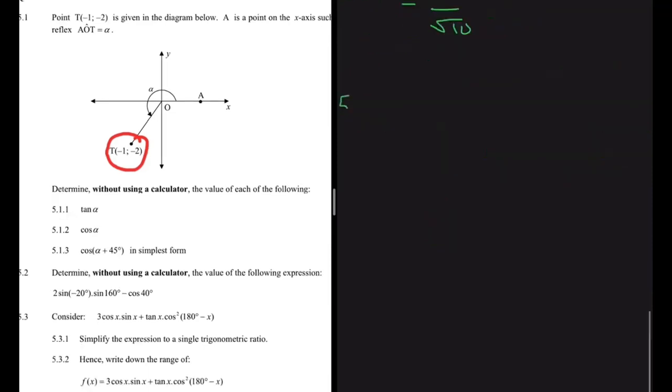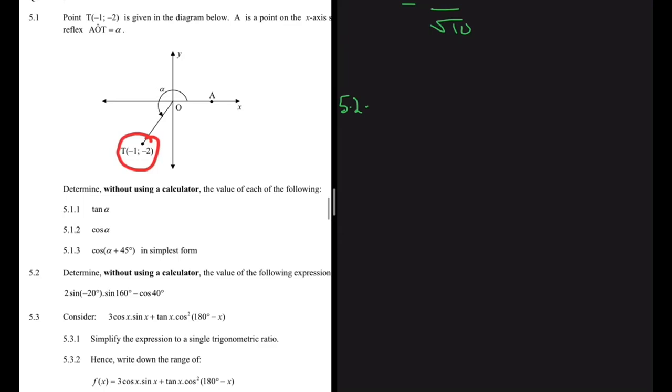And then 5.2 says let's determine without using a calculator the value of the following expression. We have 2 sine of minus 20 degrees multiplied by sine of 160 degrees minus cos of 40 degrees.